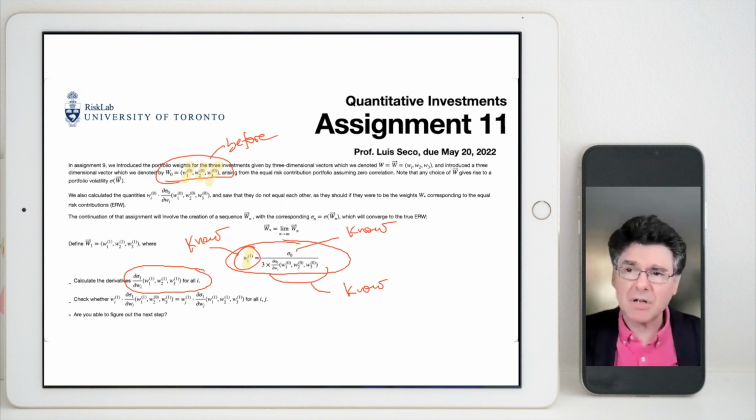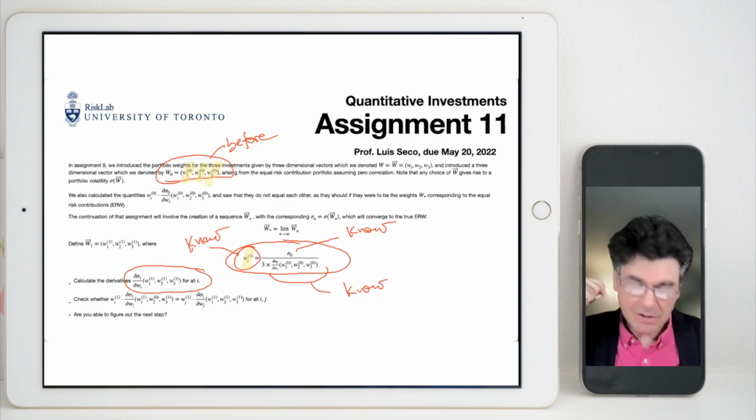This is called iteration. If you have done programming on a computer, that's how many programs are done. You iterate. You tell the computer to do the same thing over and over again. But every time, some numbers change, so the answer is not the same.